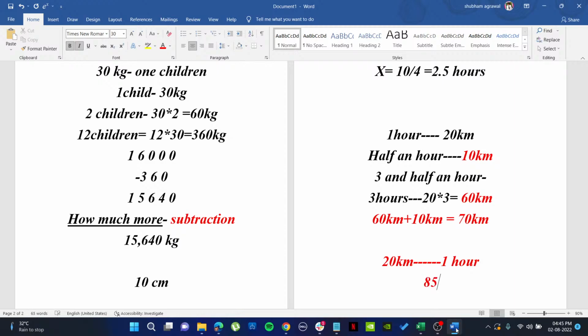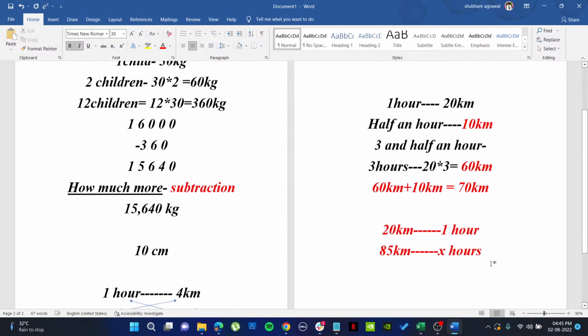Okay, we need to calculate for 85 kilometer. So here let's consider that x hours of time it would take for a boat. Okay, so here we need to find out the value of x.